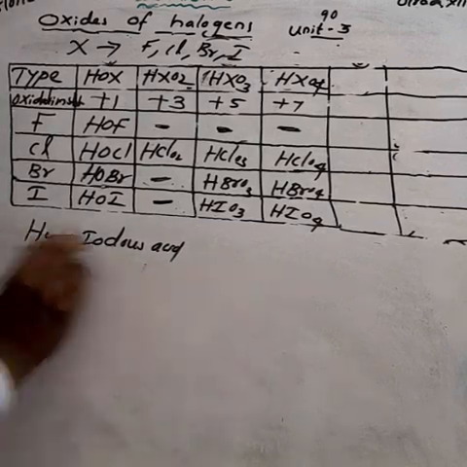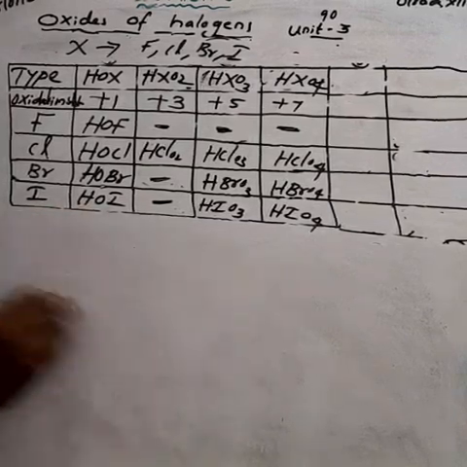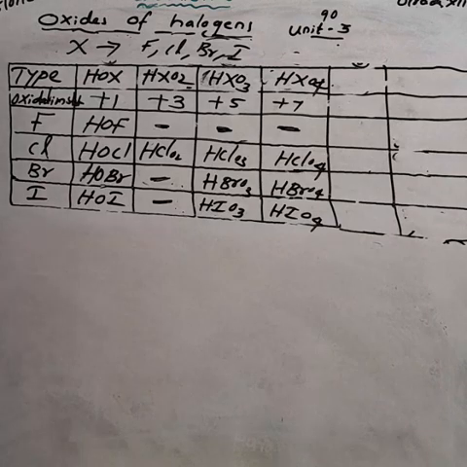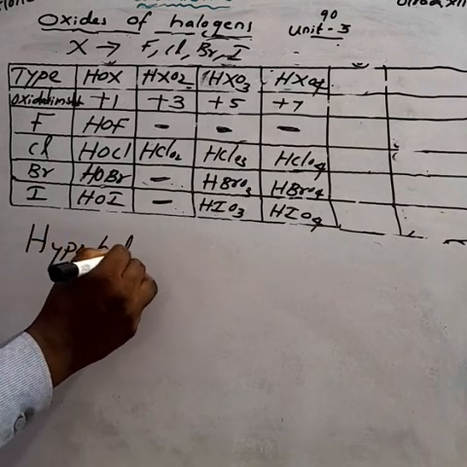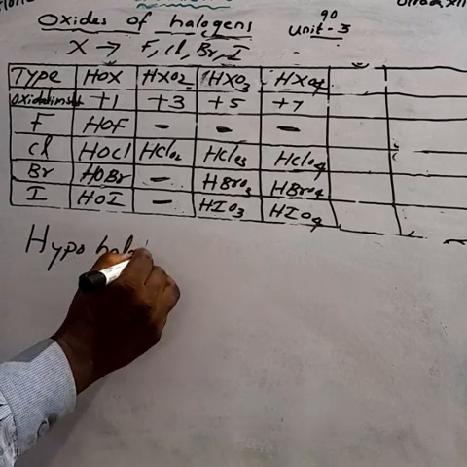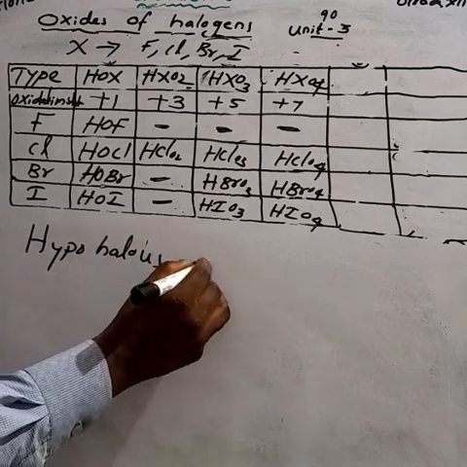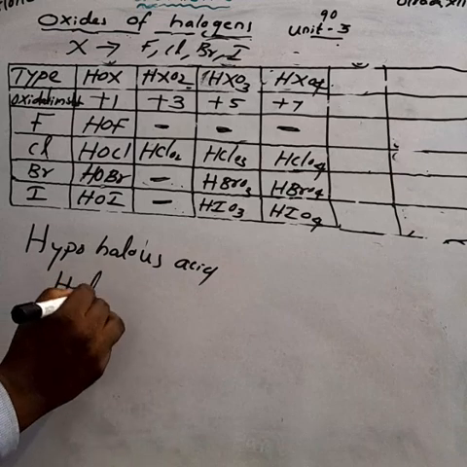Dear children, as per the common name, hypohalous acid and also halous acid, they are having 2 types. Further, these are the ous acids. Can you understand? What are the ous acids? Hypohalous acid and halous acid.